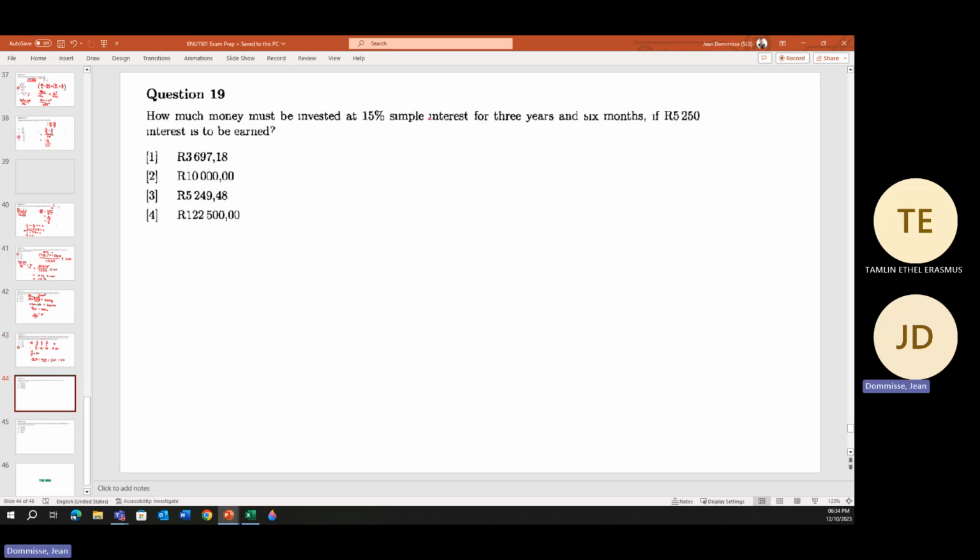Okay, second last one. So simple interest. How much money must be invested at 15% interest for 3 years and 6 months? So we have the S. We want to know how much is invested, P, for I times n.